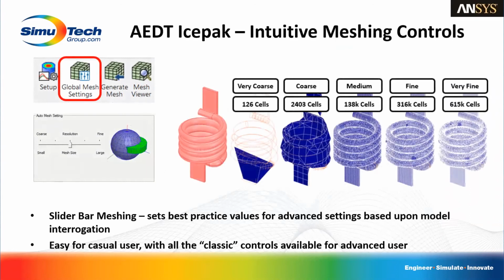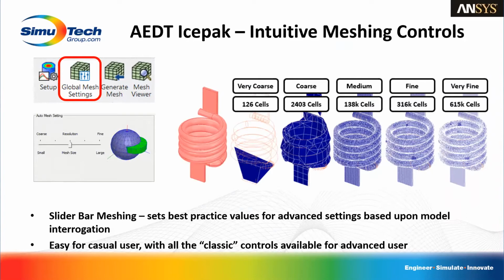All right, so let's start talking some specifics about electronics desktop Icepack. We do still have the mesher that is unique to Icepack. This is not the same mesher that would be used for an HFSS project, for example. However, what has been added is the capability to use the slider bar meshing that has always been available within electronics desktop.